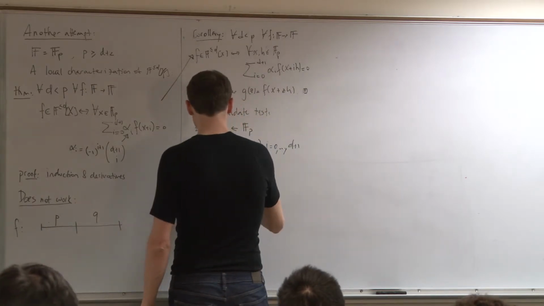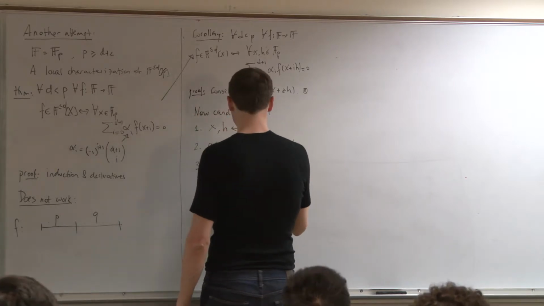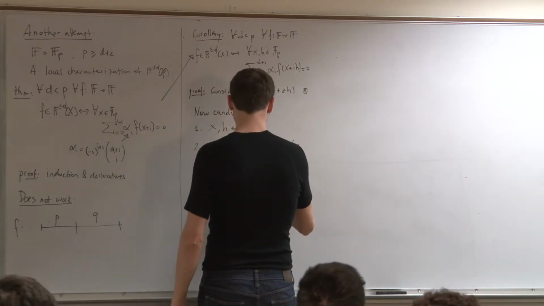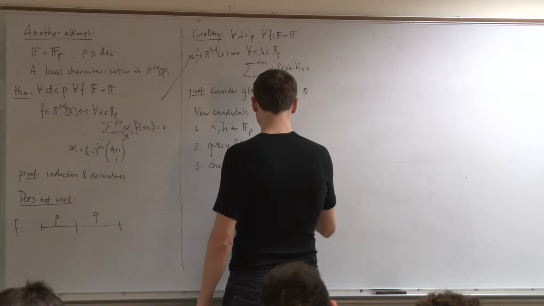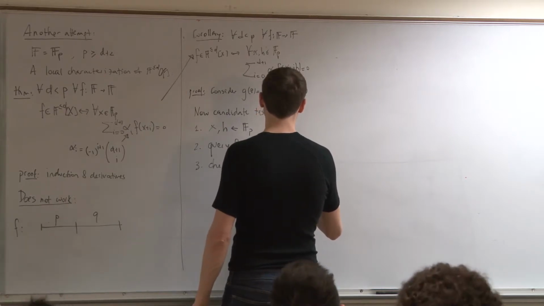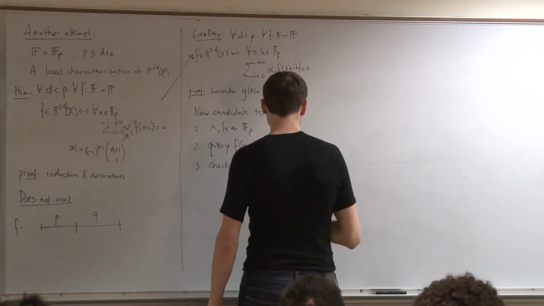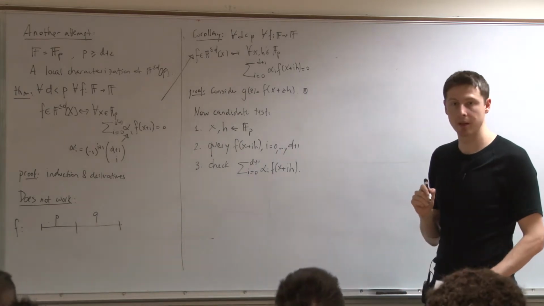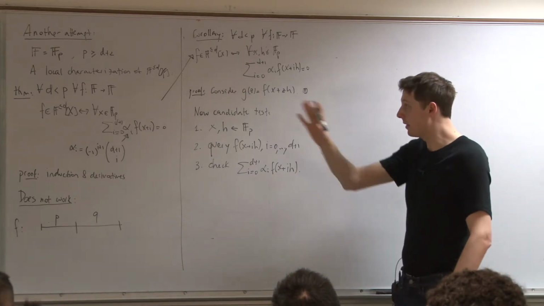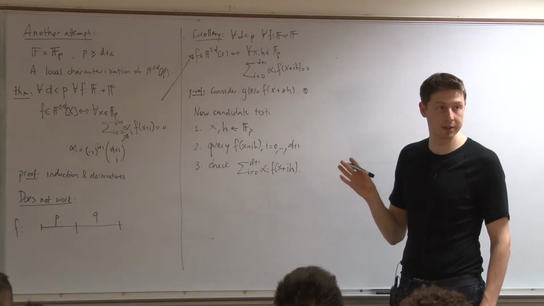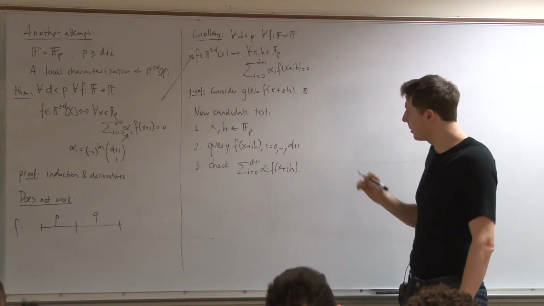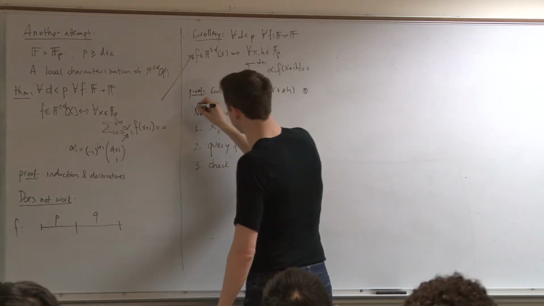And then you check this magical condition. So that's our new candidate test. Like the older test, it is making d plus 2 queries. It's just making them in this very curious way.